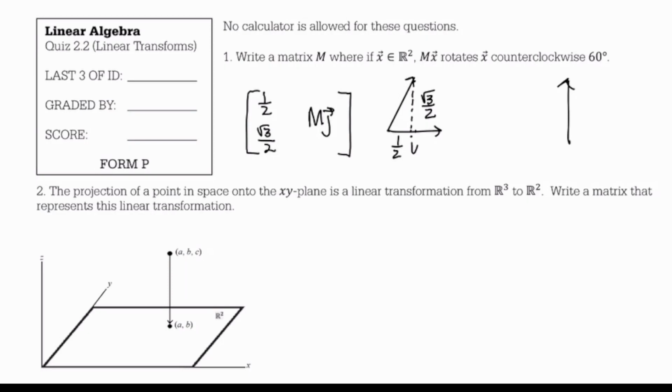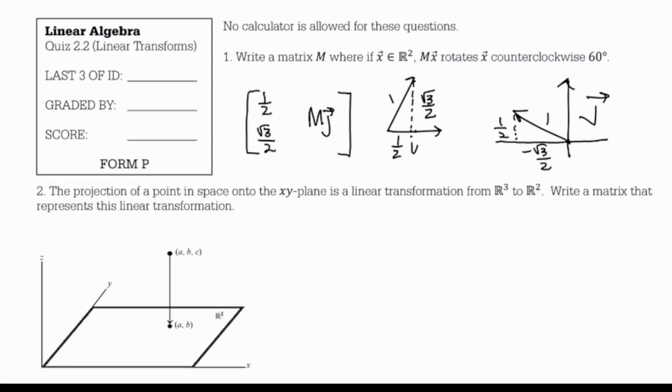And then for j, we start here. j is the vector where x is 0 and y is 1. Then we rotate that 60 degrees, so it would go almost all the way over here. Then I'd look at x and y. Same story, 30-60-90 triangle. That's going to be a half, and this will be root 3 over 2. But since we're over here where x is negative, this will be negative root 3 over 2.